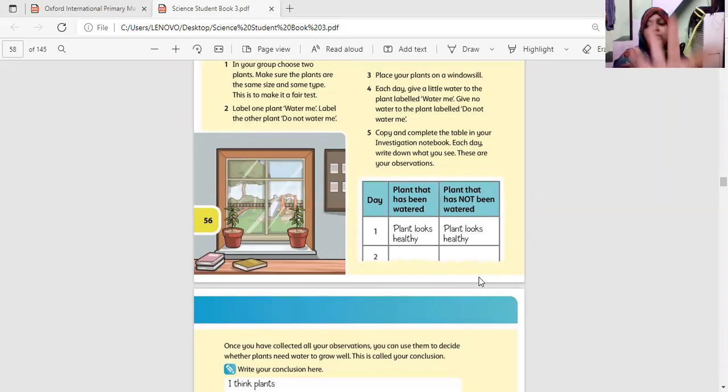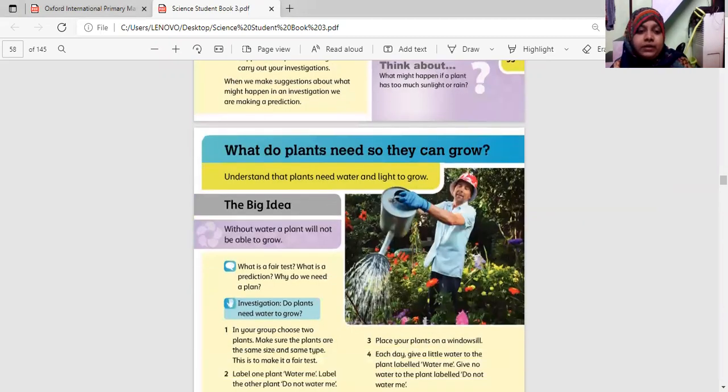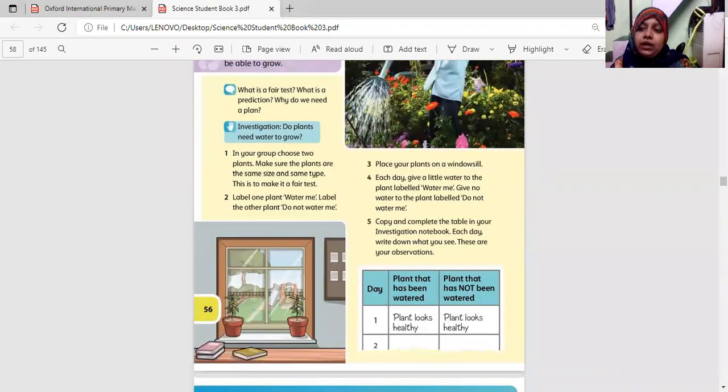Here again is a description of a small experiment being carried out where we are supposed to take two plants. One plant you have to water every day and the other plant you have to not water. So there is a table given here.